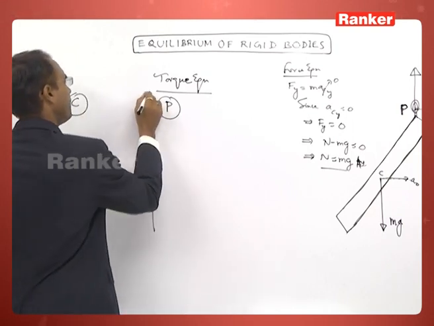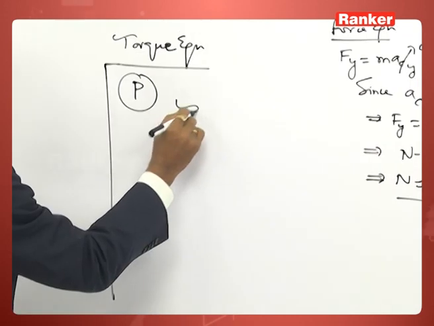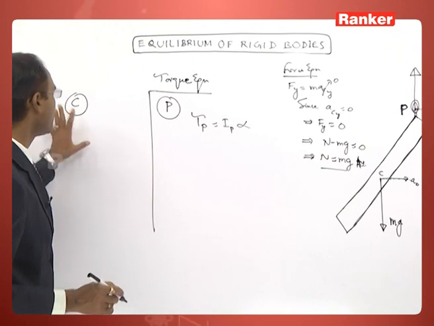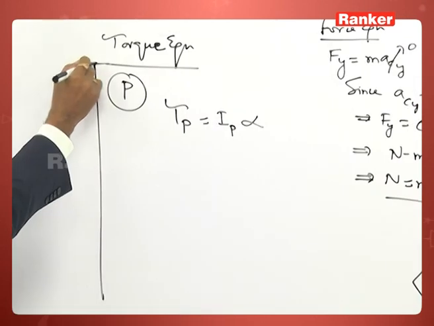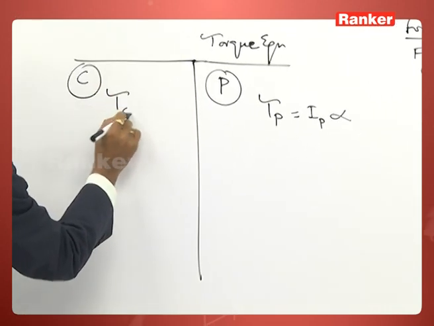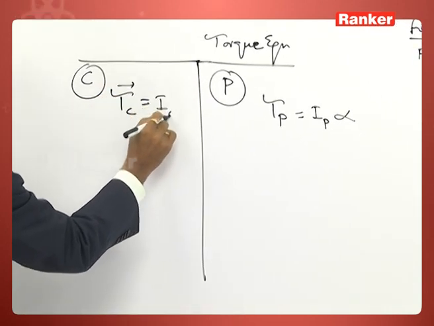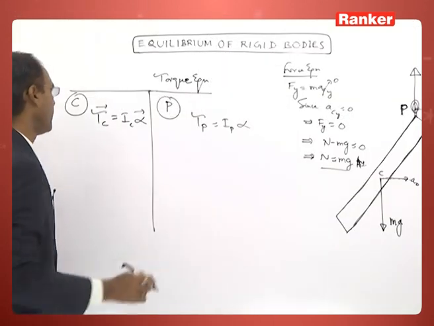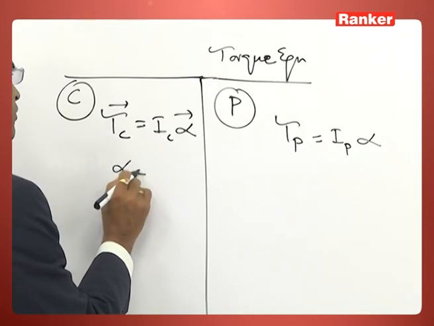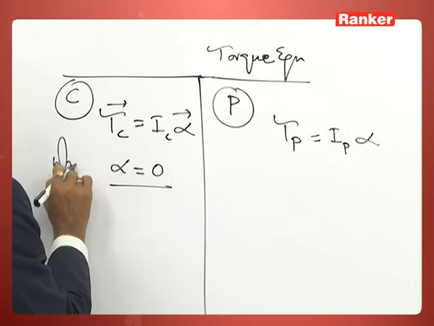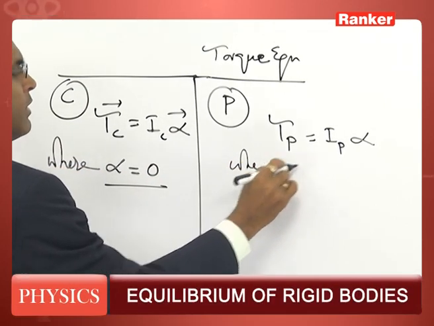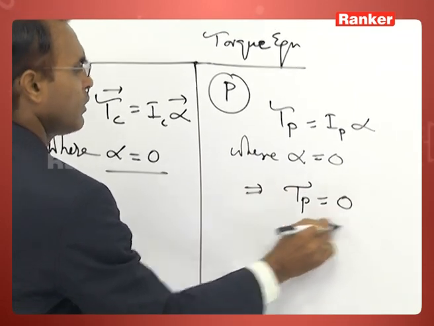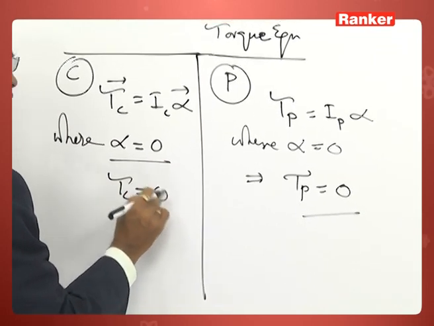You take P as the reference, tau p is equal to Ip into alpha. You take the center of mass as the reference, tau c is equal to Ic into alpha, because you know alpha is the same, and here alpha is equal to 0, we have proved. This means that tau p is equal to 0 and tau c is equal to 0.